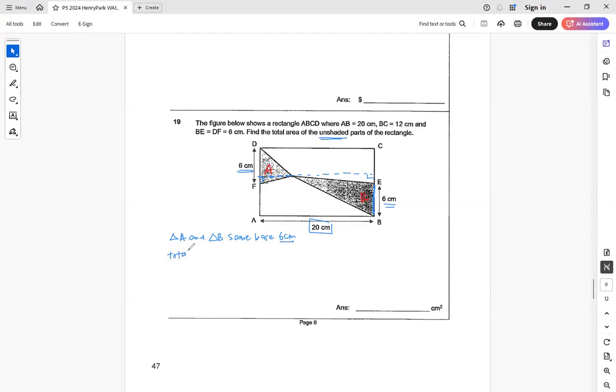Total area of triangle A plus triangle B will be half times their common base. This one is only for triangles with the same base, common base, times combined height. Wait, cannot see what I'm writing here. Common base times the combined height.